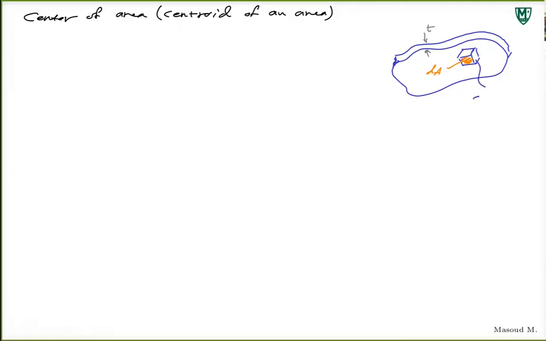It has dW, or better, let me write it this way. You can say delta W is delta m g, and you can replace delta m with rho delta V, so that would be rho delta V g.